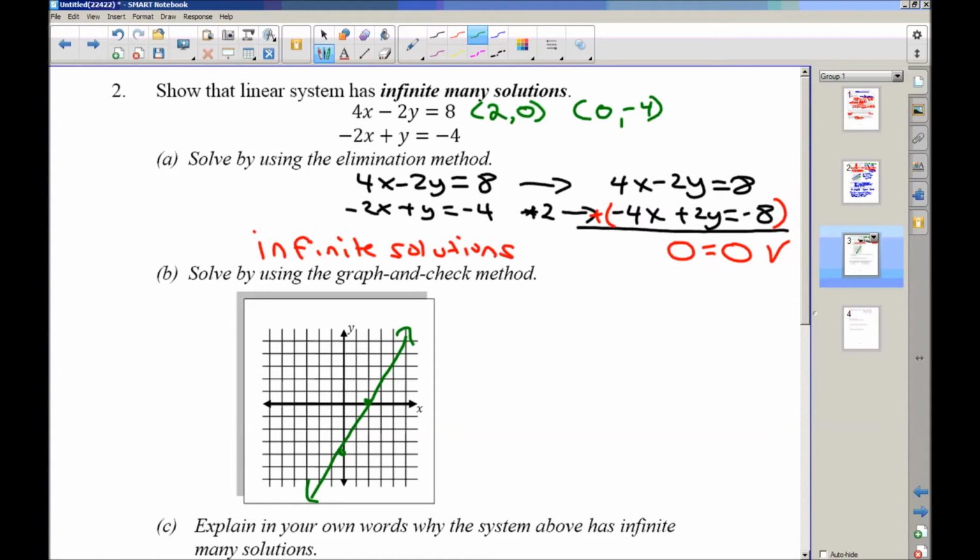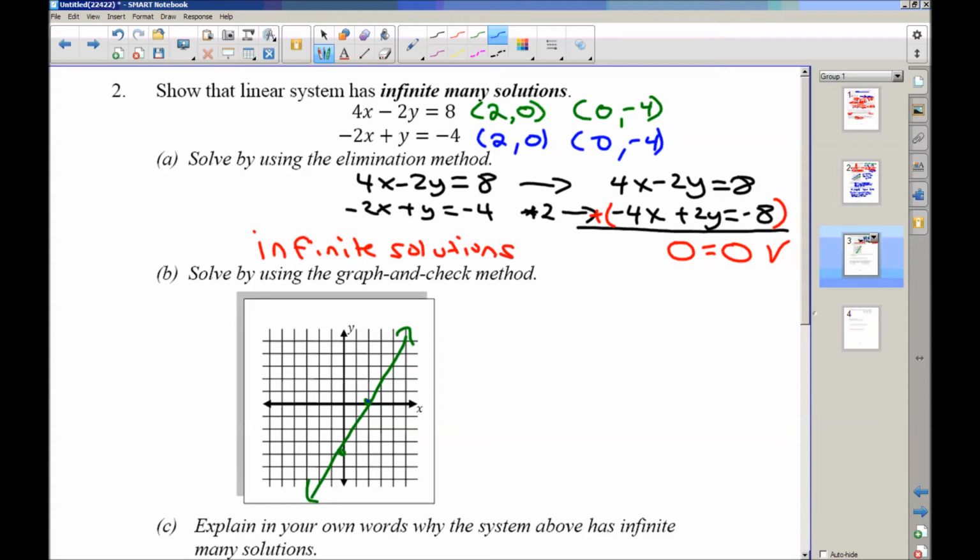All right, so there's the green one. Now I'll do the x and y intercepts on this one again. So the x-intercept, let y be 0. So we get negative 2x equals negative 4. Divide by negative 2 to both sides, we'll get 2. And then we let x be 0. So we get y equals negative 4. That's no solving involved there.